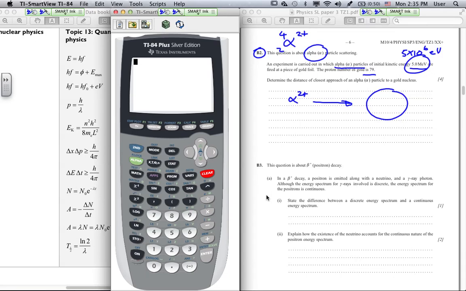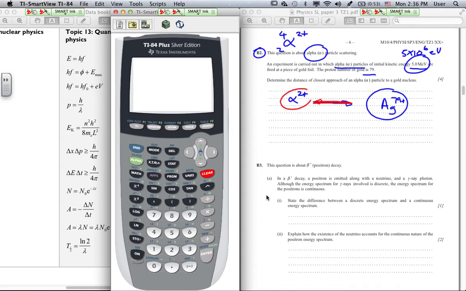nucleus. So gold is Ag, or is it Au? Au, I think it is, and that's 79 plus. Now, if it comes head on like this, the alpha particle is going to come in, and only for a very small proportion of them, they're going to head straight back again like that.